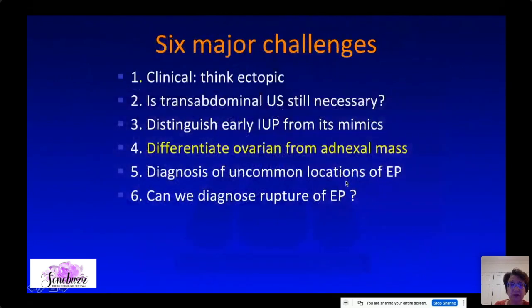Okay. So the other thing is, if we see an adnexal mass, we want to see, is that in the ovary? Because if it's in the ovary, it's much more likely to be a corpus luteum. Or is it separate from the ovary, in the fallopian tube? And that is much more likely to be an ectopic pregnancy.